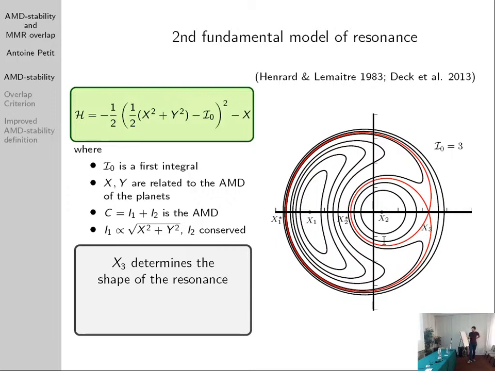Since we have a correspondence between I0 and x3, x3 determines the shape of the Hamiltonian and the width of the resonant island. The width of the resonance expressed as a function of x3 is 4 times the square root of x3. From this width, we can come back, by inverting all the changes of variables that were done to go to this Hamiltonian, to the width in terms of the physical variables.